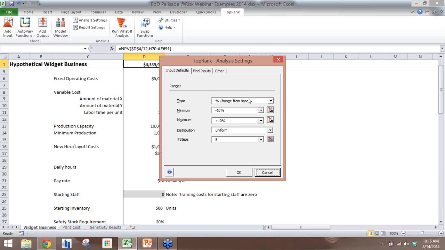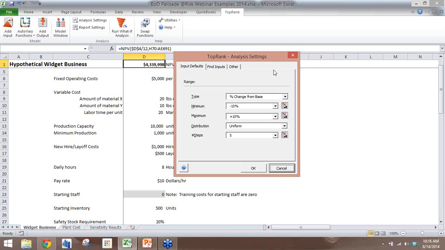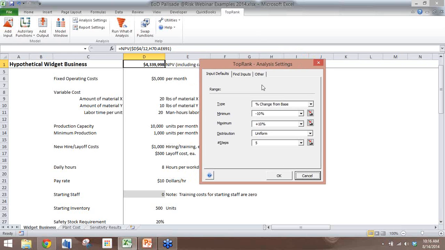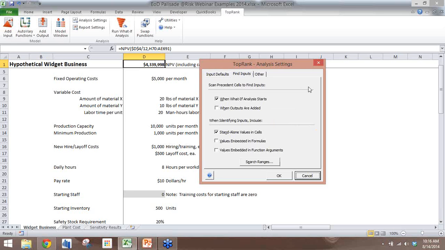And what we're going to do is basically do plus or minus 10% changes in terms of the key inputs that we identify. What happens is the model automatically identifies those inputs. Typically in a lot of models, what you will have are many combinations of inputs and outputs and intermediate calculations. So what I find to be useful is to also define the range of cells in which we allow the model to search for inputs.